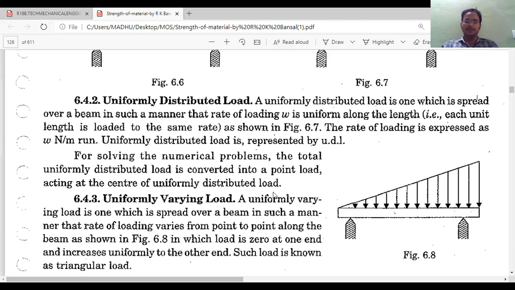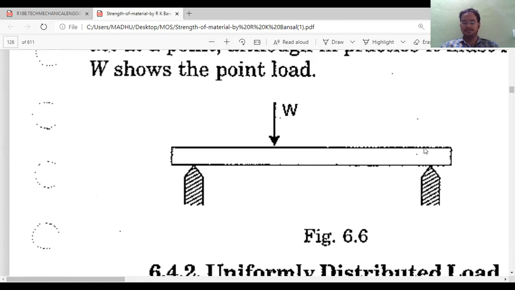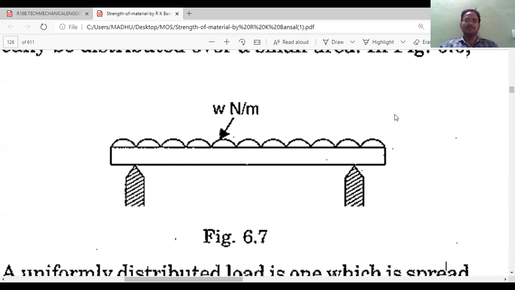Now, say W Newton per meter of load is acting here.